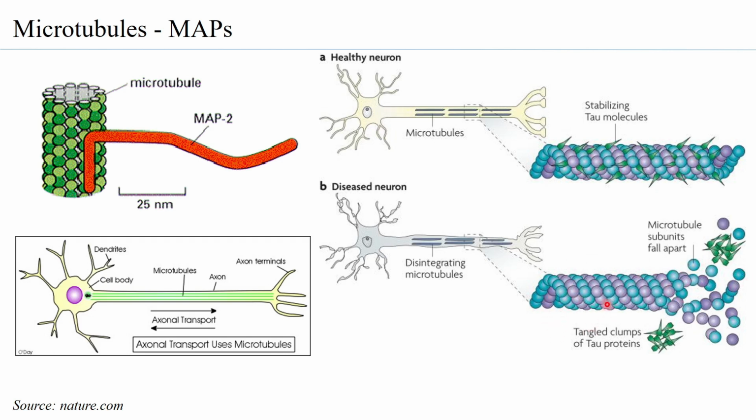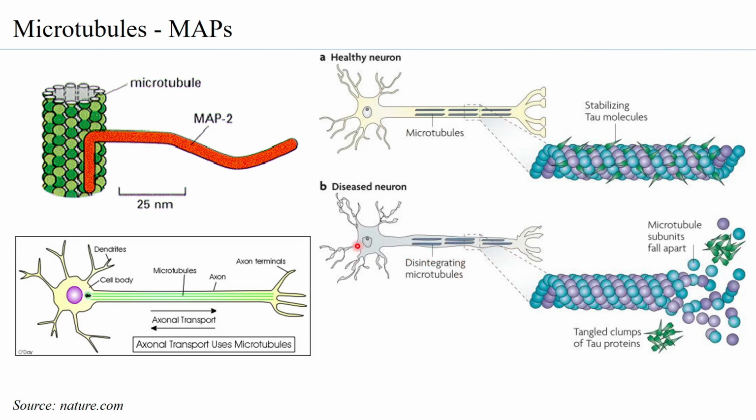So therefore, in a diseased neuron where tau is not functioning properly, you can see how you do not have the axon as erect and as functional, because you have disintegrating microtubules.